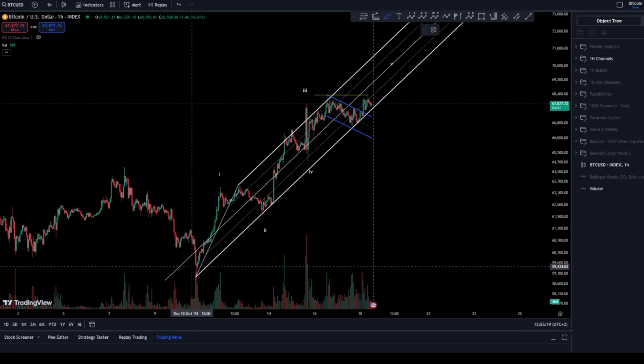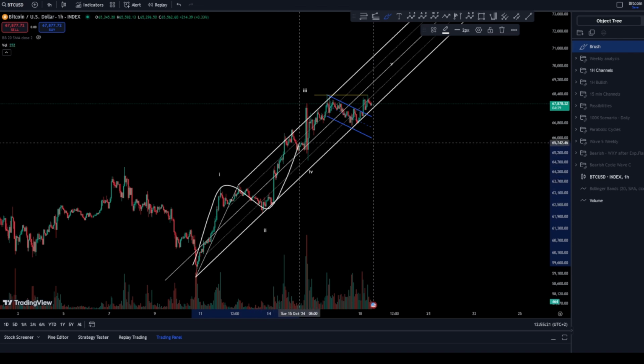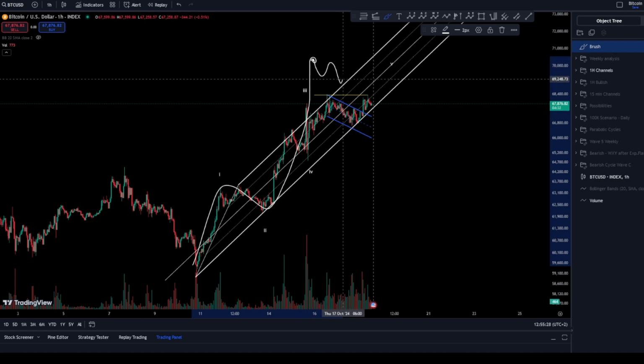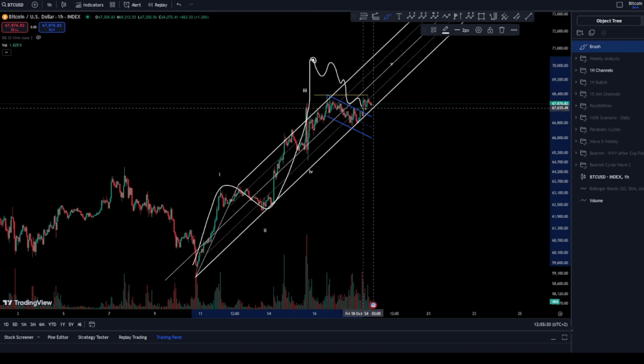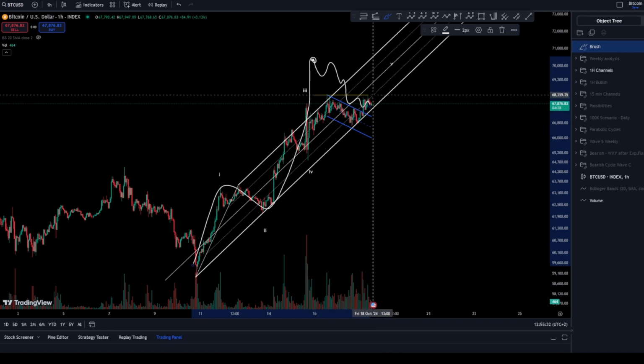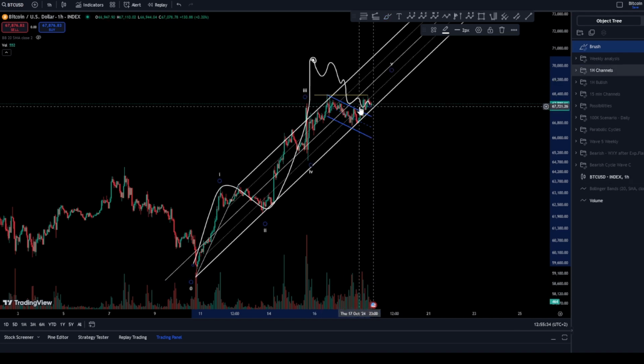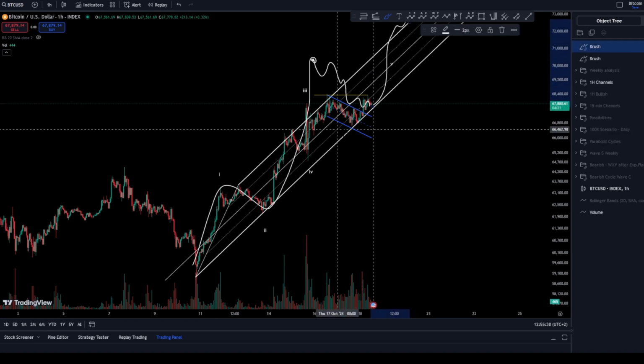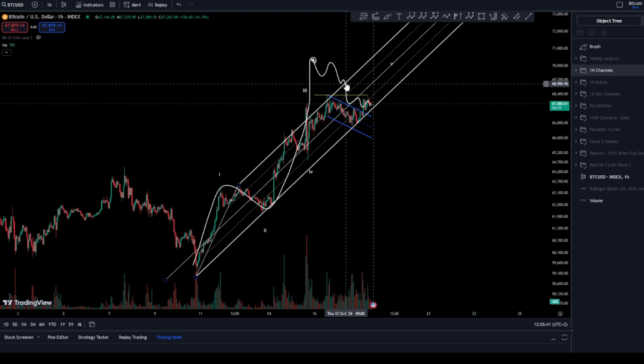Because when you see a 1, 2, you want your wave 3 to move decisively, clearly outside your base channel, and then move back inside it for a wave 4, having the corrective ranging channel inside it, and then move up again based on the acceleration channel.